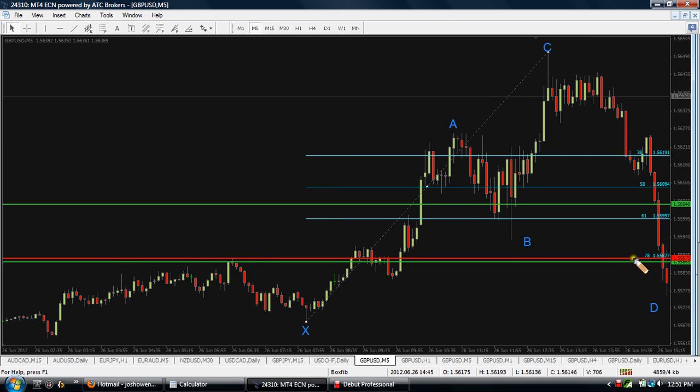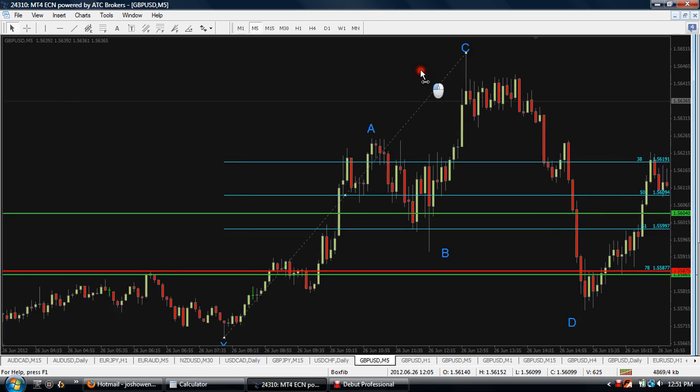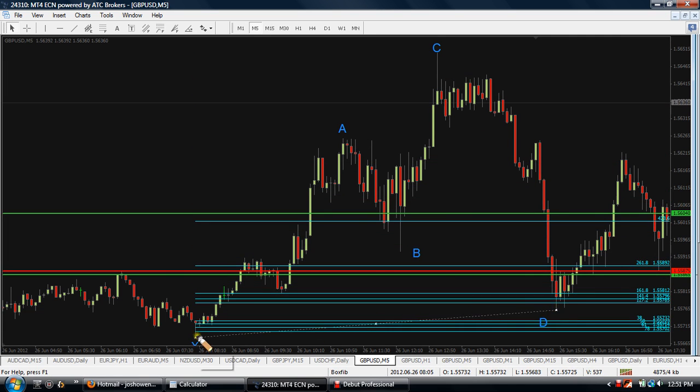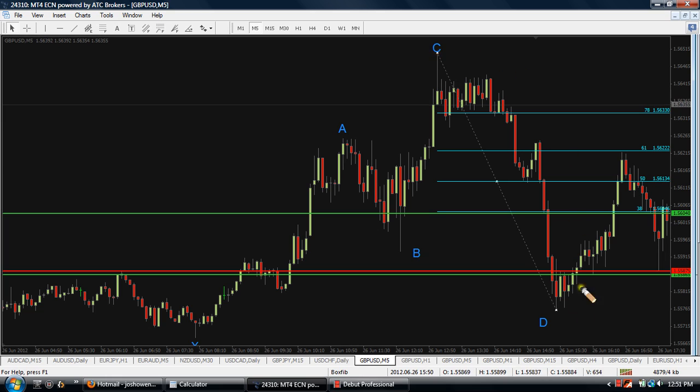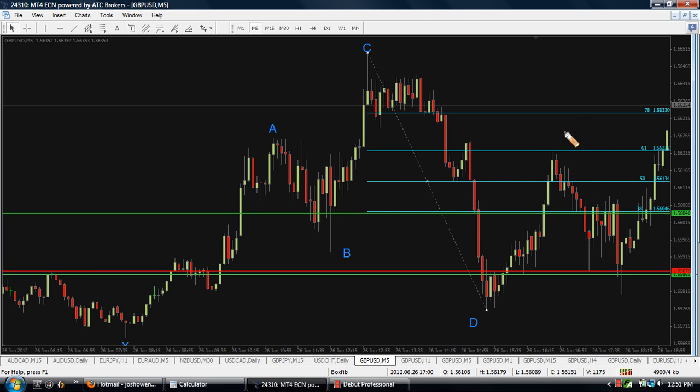That's when we put our pending order here at the 78.6 retrace of X to C. We get filled. Set our profit targets based on the C to D retrace. So price came from C down to D. It's retracing to the 38 and the 618. And that's pretty much today's trade on the pound dollar.